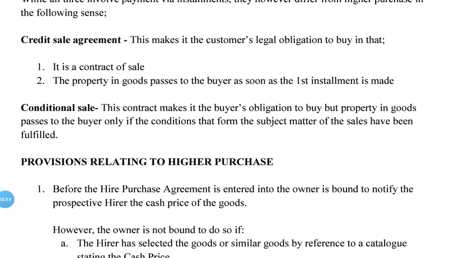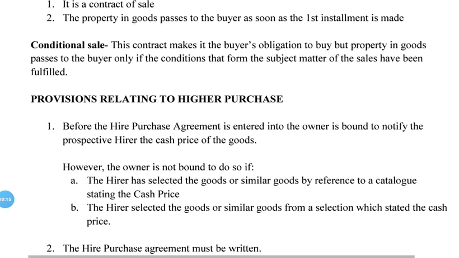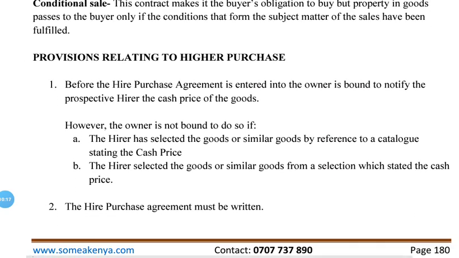So what are the provisions relating to hire purchase transactions? Before the hire purchase agreement is entered into, the owner is bound to notify the prospective hirer the cash price of the goods.